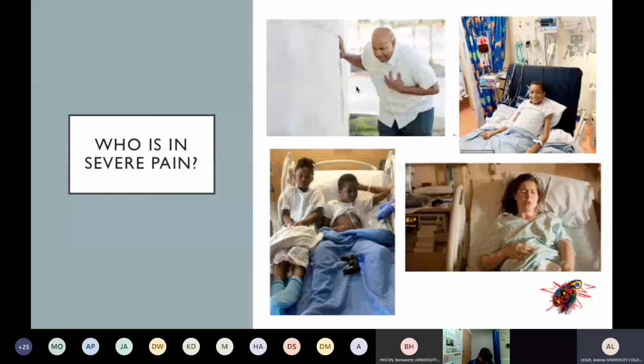Everybody looks at that and goes, oh my God, he's in pain, something's wrong there. So he's having a myocardial infarction. His blood vessels have been blocked and have cut off the blood supply to his heart, and he's got infarctive pain. This woman down here is in labor, she's having contractions. When the uterus contracts, it cuts off the blood supply to the womb, and that causes infarctive pain.